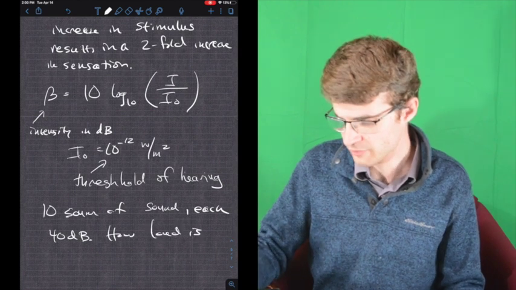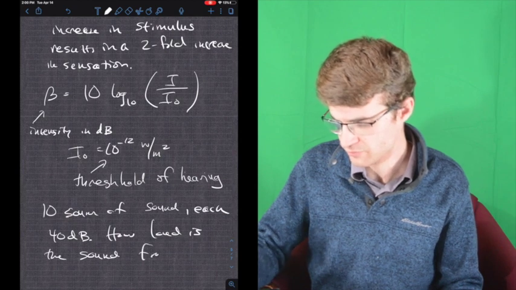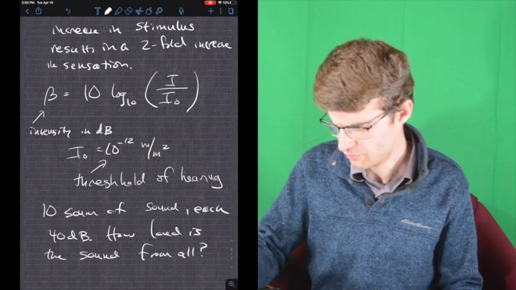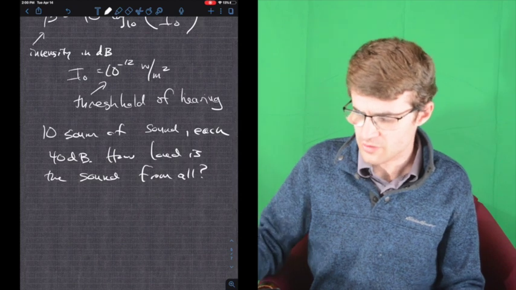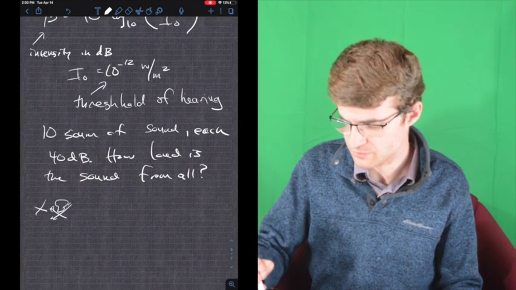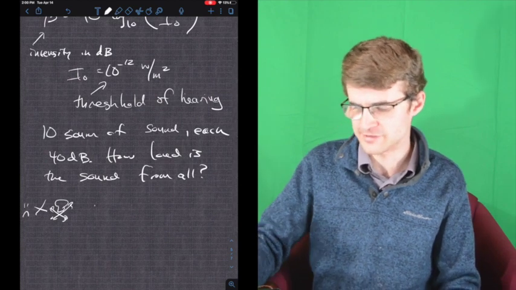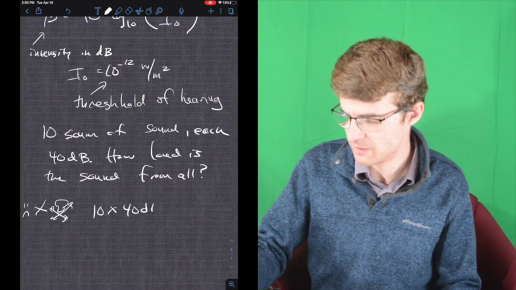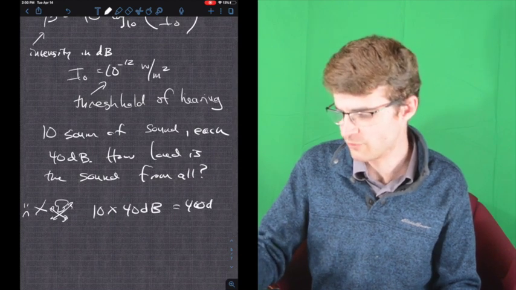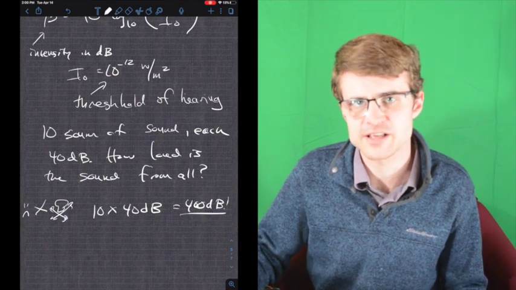How loud is the sound from all of them? One thing we might be tempted to do, and this is the wrong way to do it, so I'm going to put a skull and crossbones here, is to just go 10 times 40 decibels equals 400 decibels. That's ridiculous. That's not the way the decibel scale works.